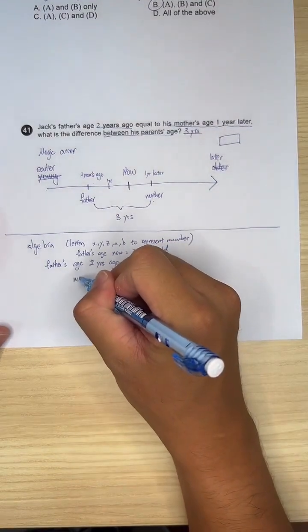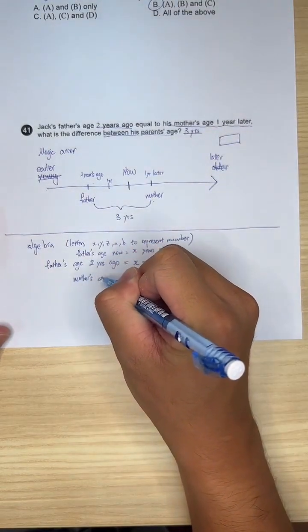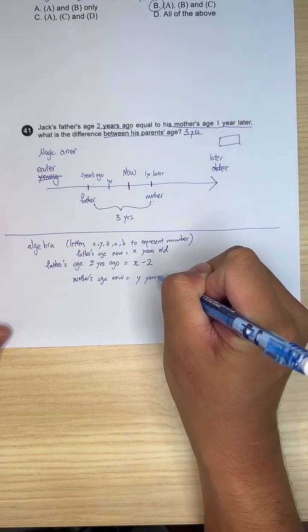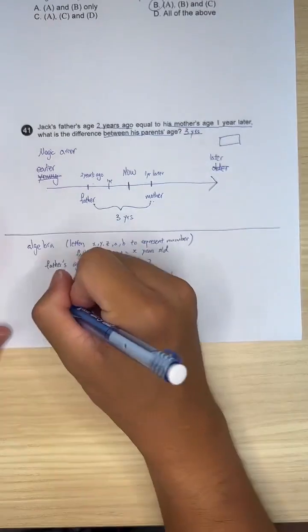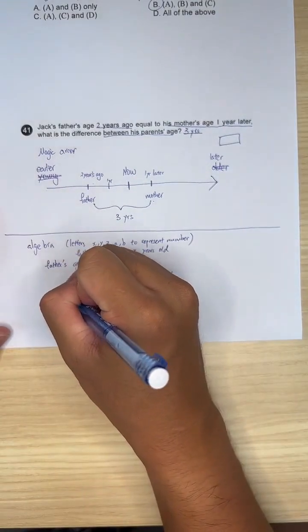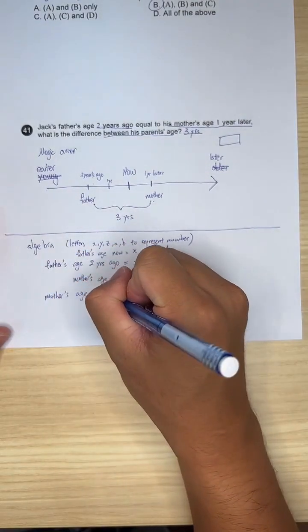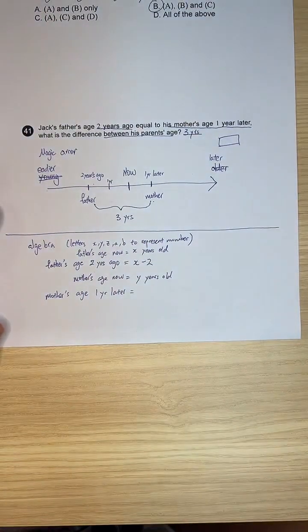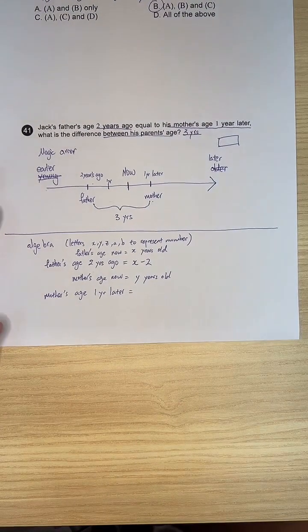And if mother's age now is Y years old, what is mother's age 1 year later? Someone can try. If you don't know algebra, now it's time for you to try.